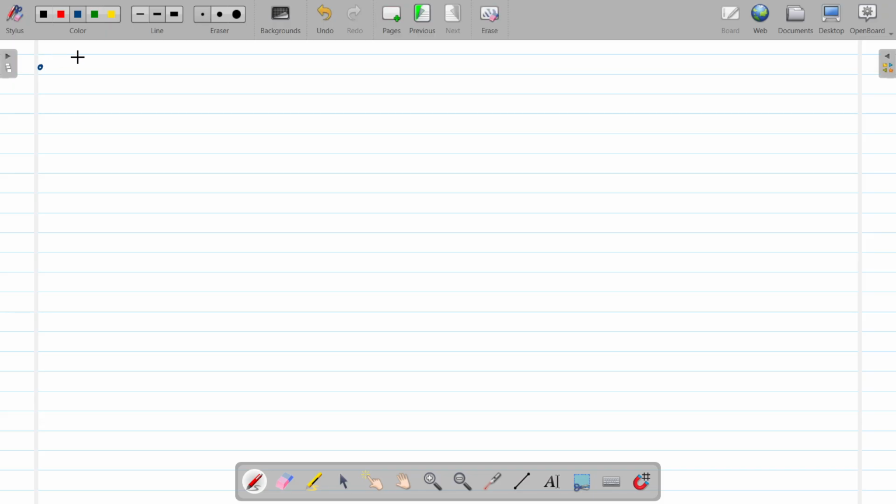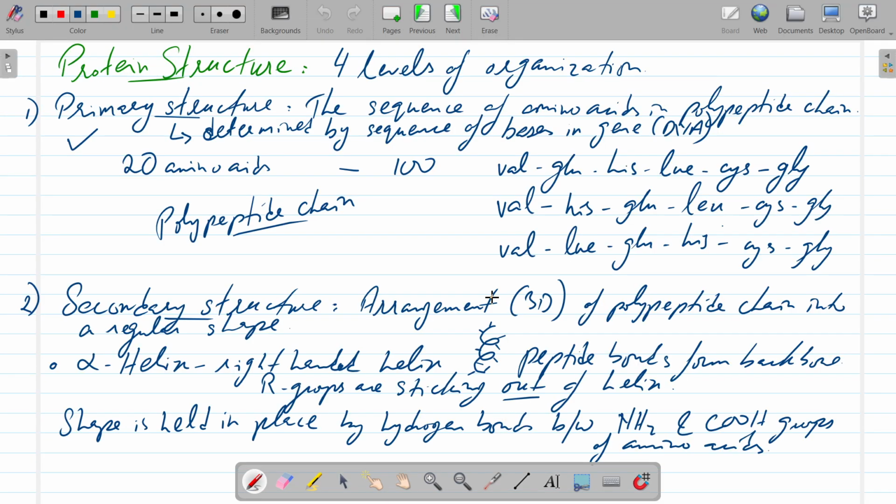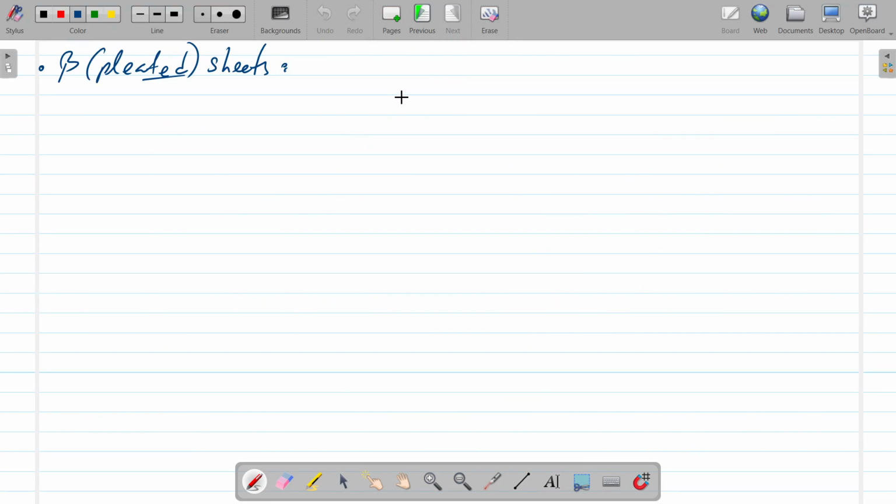The other type of secondary structure is called beta sheets, or beta pleated sheets. And so as the name suggests, the polypeptide chain forms a sheet, something like that.